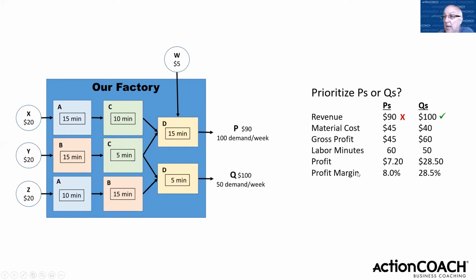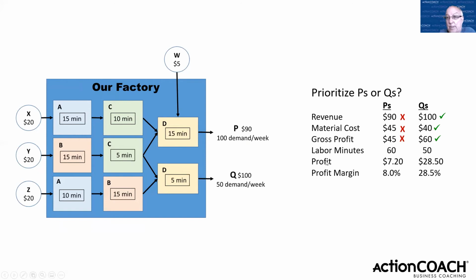All right. From a material cost, if we were just going to decide Ps or Qs based on material costs, we'd like to tie up less of our money, not more of our money. So Qs require less material costs. From a gross profit standpoint, we make $45 on Ps and $60 on Qs. We would prefer higher gross profit.